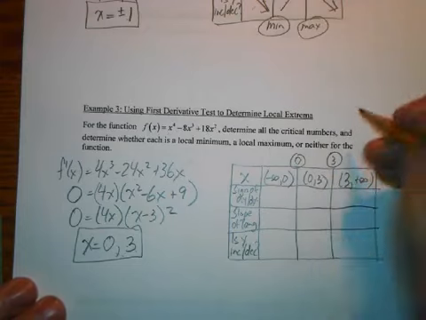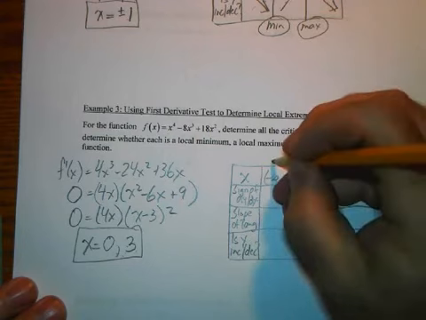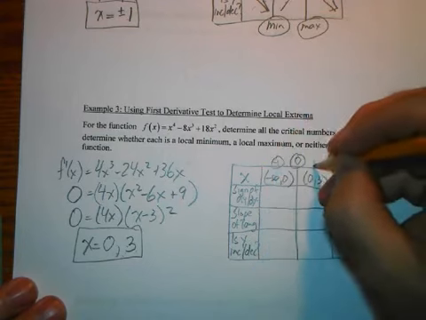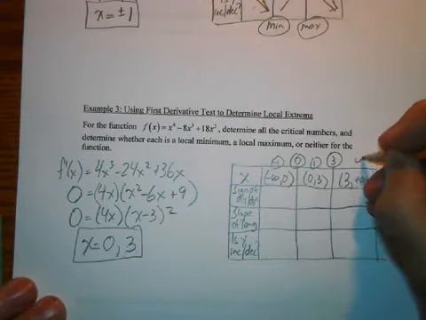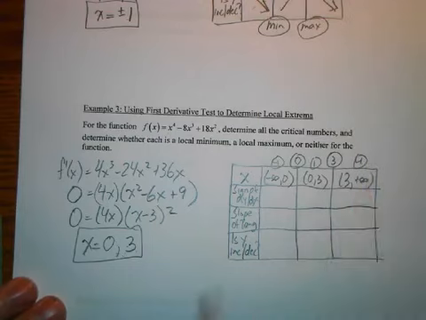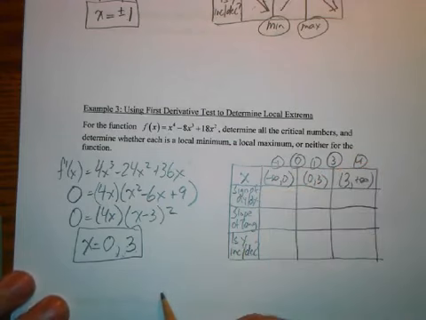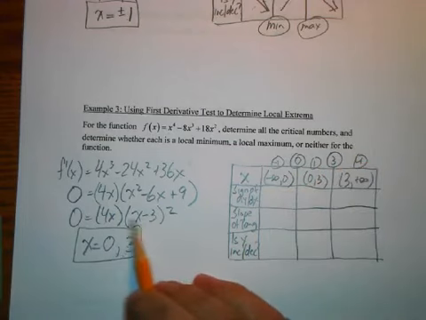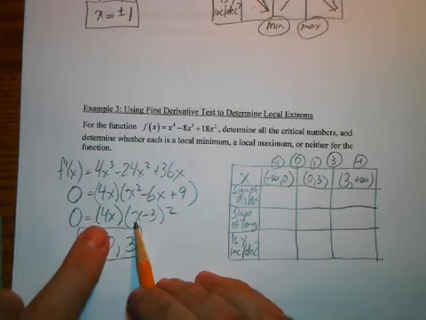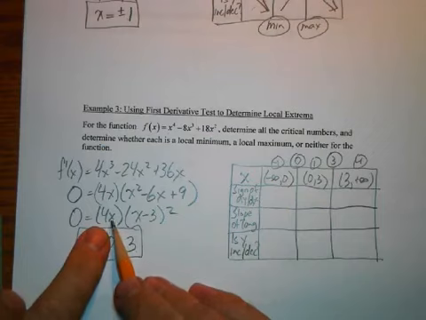Test values, I could do a negative 1 here, I could do a 1 here, and I could do 4 here. Pick anything you like. We're just interested in the sign. So I'm going to go with the factored form here. When I plug in negative 1, I get negative.